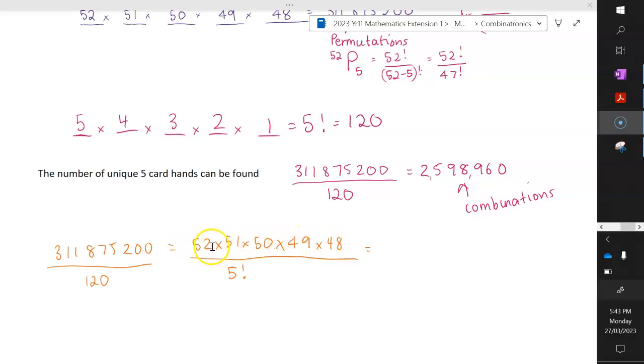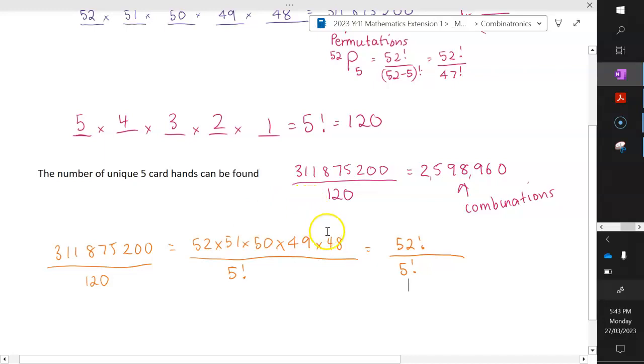So that's what I want to do. I want to make my top line 52 factorial. I've still got my 5 factorial on the bottom, but my 52 factorial didn't go down to 1, did it? It stopped at 48. So that must mean that from 47 onwards, my 47 factorial, down to 1, so 47 times 46 times 45, has been cancelled out with a 47 factorial on the bottom.